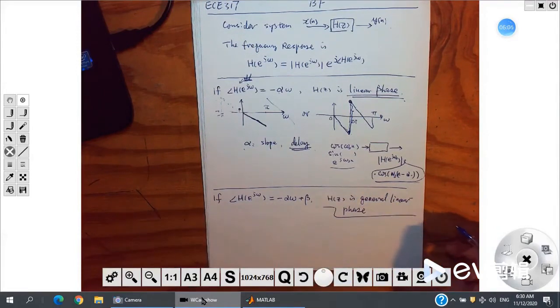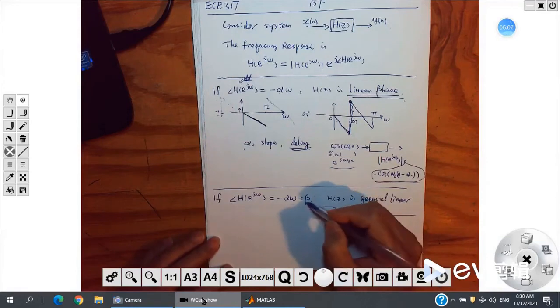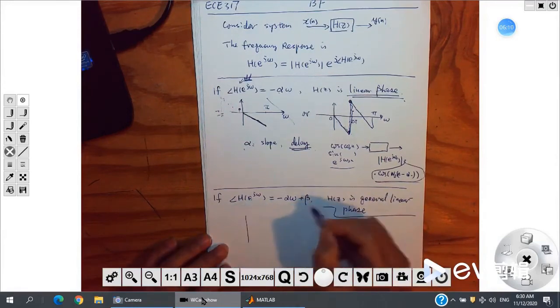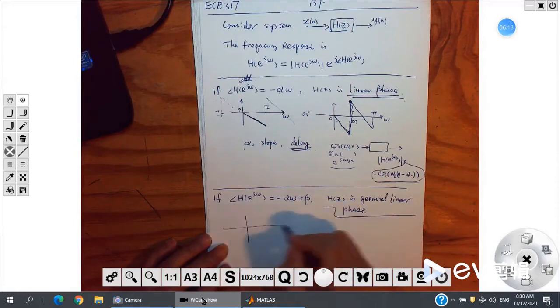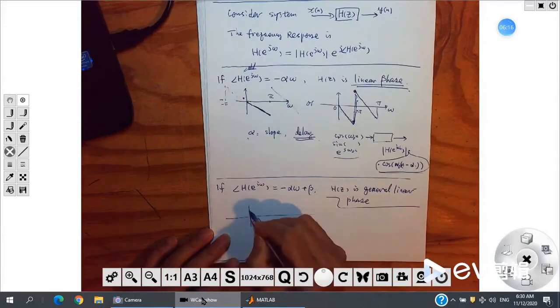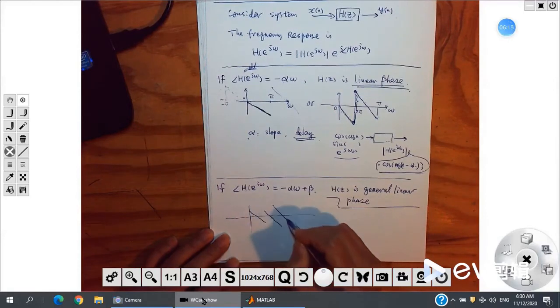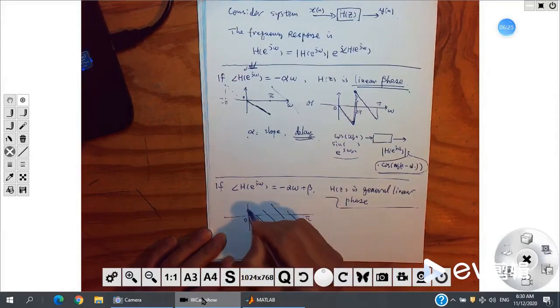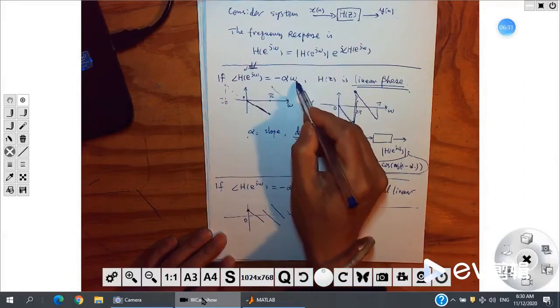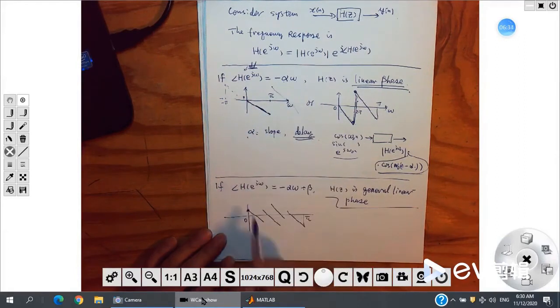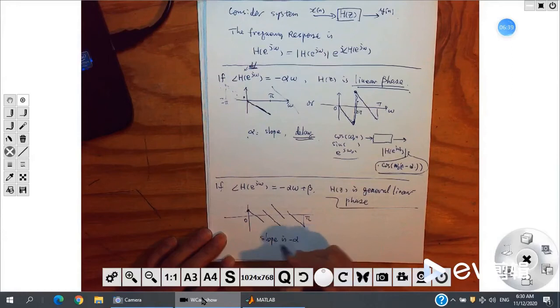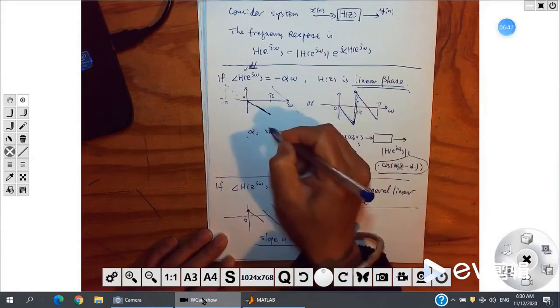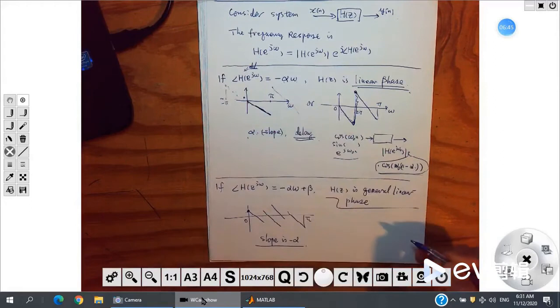General linear phase. You know, we have a beta here. So in this case, the beta might be different. The graph will look like some straight lines, maybe several pieces from 0 to pi. And the start point here maybe is not 0. Like in the earlier case with no beta, it just starts from 0. Here it is still a straight line, and the slope is still negative alpha. Alpha is the negative of the slope, and it is a delay.